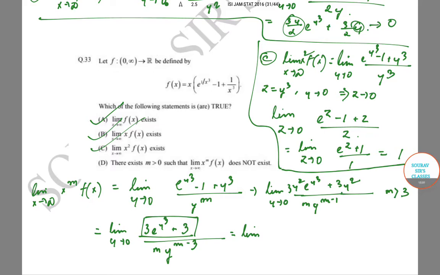Rather, the numerator actually goes to 3 plus 3, which is 6, and the denominator has a y term as m is greater than 3, and so the denominator goes to 0, which makes this entire thing go to infinity. So the limit does not exist if m is greater than 3, and so D is also correct. In this problem, all the 4 options are actually correct.